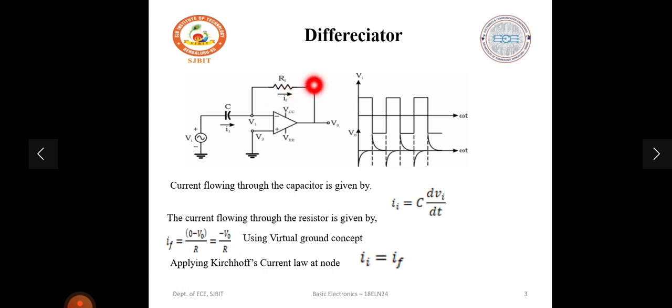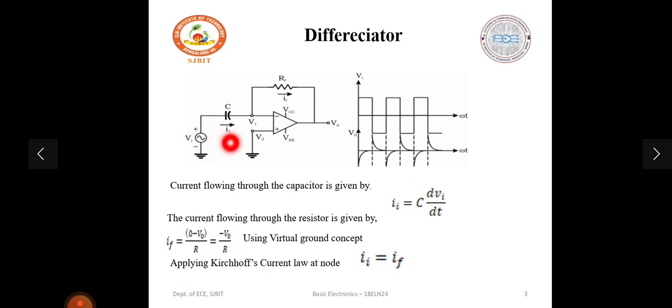A differentiator is a circuit in which the output voltage V0 is proportional to the time derivative of the input voltage.